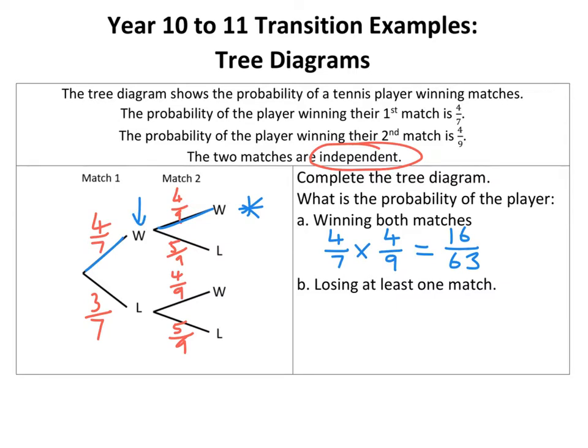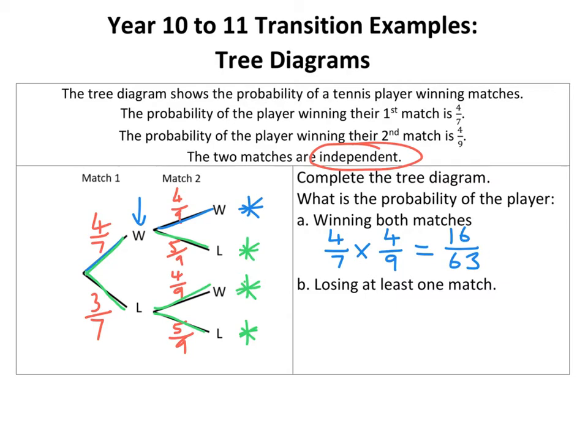Now then, next one, losing at least one match. So I want to do this one because that's win, lose. I want to do lose, win. Now then, losing at least one match means I can lose both matches. So on this one as well. I've got two ways of doing this, essentially.